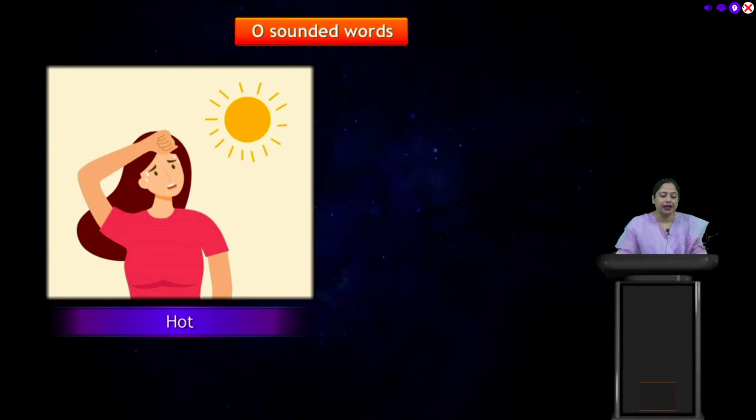Okay. Now let us see one more word with the sound O. How do we say this? H-O-T. Now it is not the long O, it is hot. Say aw. So it is not O, it is haw.